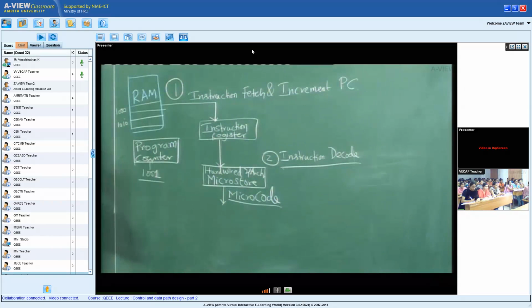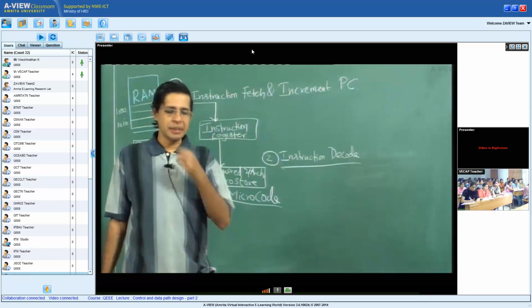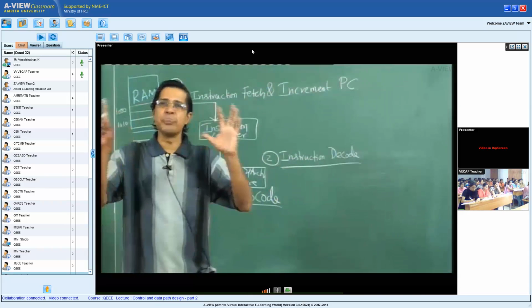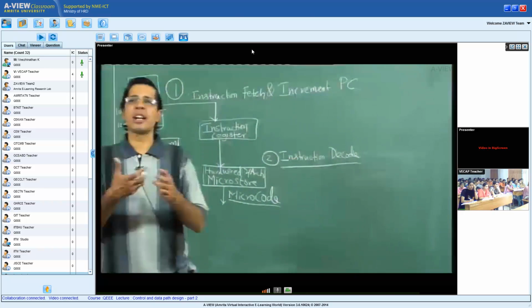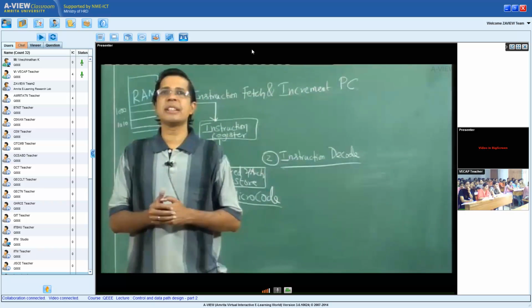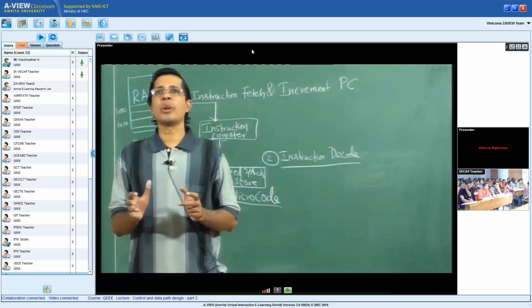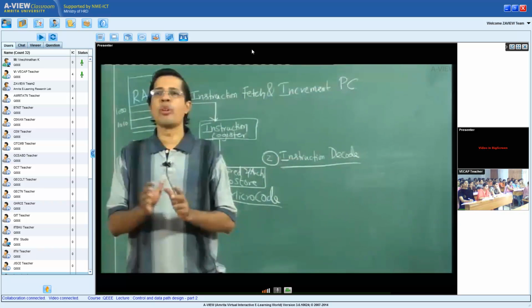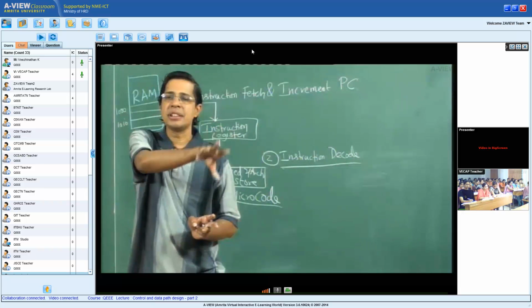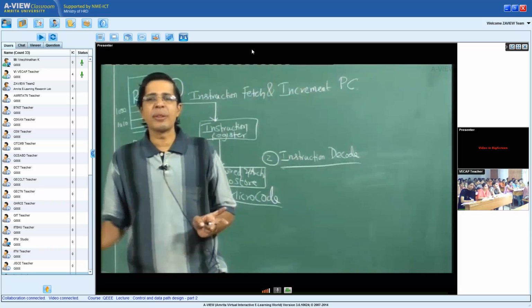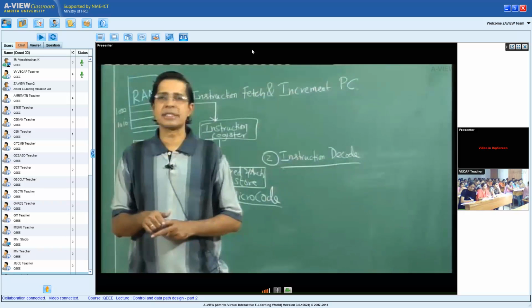So we all understood what a microcode is. I gave an example in the previous class wherein we described a very simple microarchitecture and explained what is a control path and what is the data path. The control path was responsible for guiding the data from the registers to the ALU and from the ALU back to the registers.